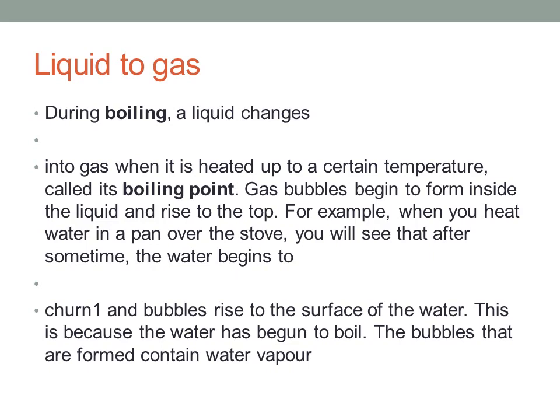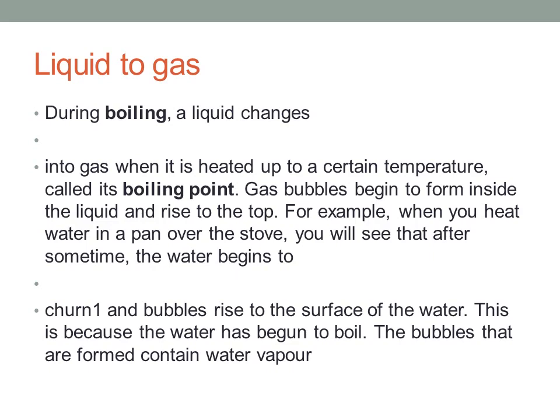Gas bubbles begin to form inside the liquid and rise to the top. For example, when you heat water in the pan, after some time the water begins to churn. Churn means mixing with each other and forming bubbles, right? This is because the water has begun to boil. The bubbles that are formed contain water vapor.